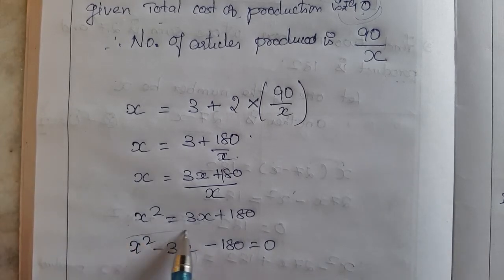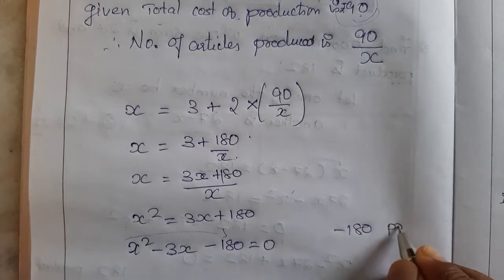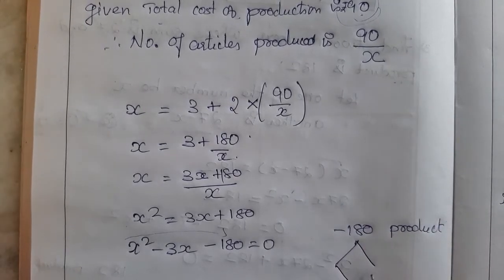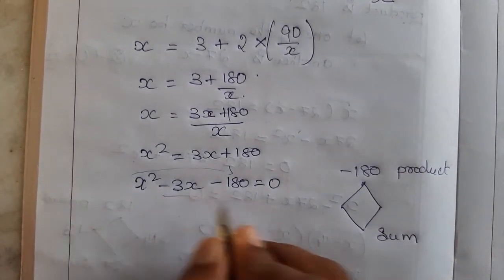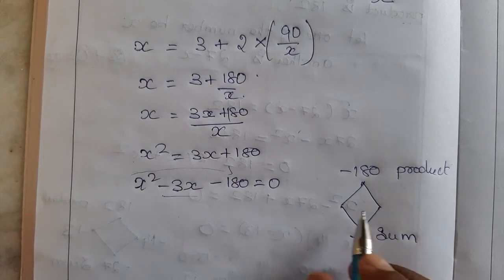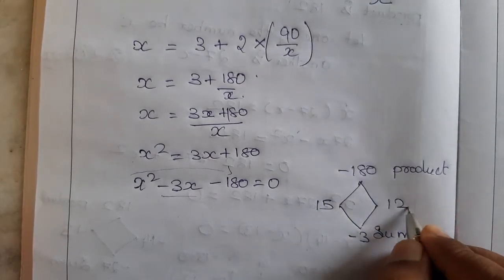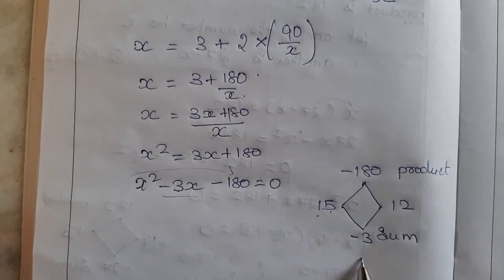So now we multiply the coefficient of x square and the constant, it will become minus 180. So the product should be minus 180, and the sum, what should be the sum? It's minus 3. So it will be nearly like 15 and 12. We can compare 15 and 12. 15 into 12 is 180, and the difference of 15 and 12 is 3.